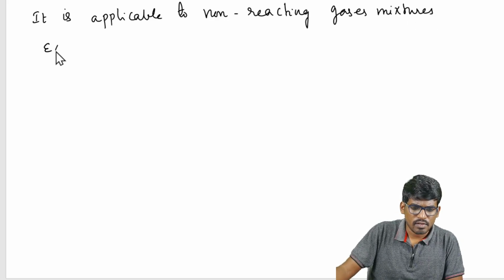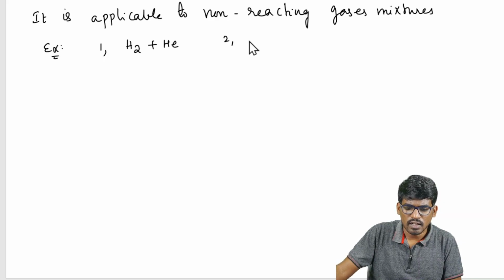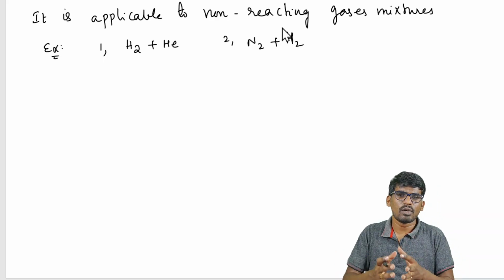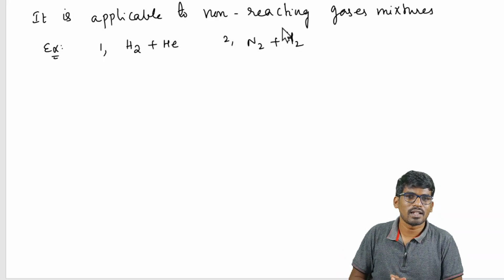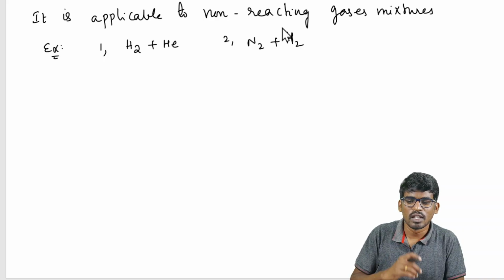Like examples. These examples are very important for competitive examinations. H2 plus He and N2 plus H2. Many of the people used to ask a doubt: nitrogen and hydrogen, sir, both are reacting in Haber's process going to form ammonia. Then now we have given it for non-reacting gaseous mixtures.